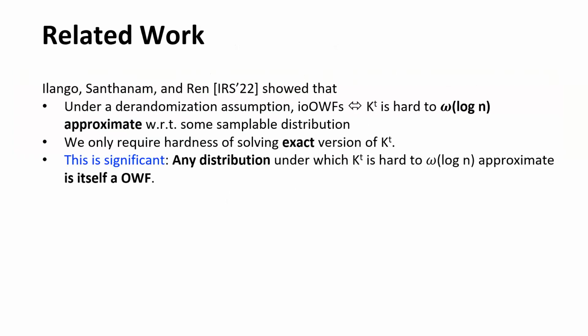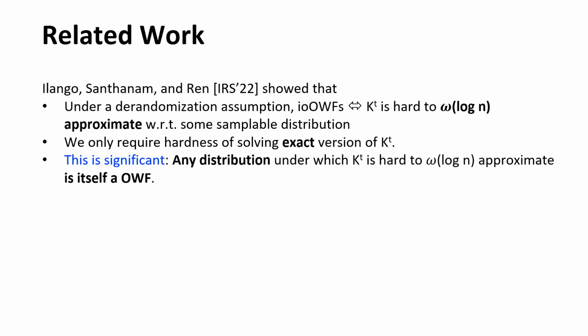Okay, so let me mention some related work. There's a recent work by Ilango, Ren, and Santhanam. They show that, under the derandomization assumption, the existence of infinitely-often one-way functions is equivalent to KT being hard to omega log n approximate with respect to some sample distribution. But here we only require hardness of solving the exact computing problem.